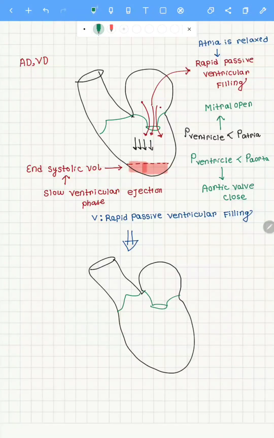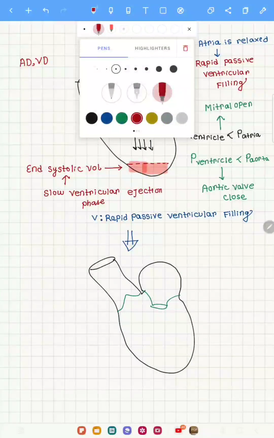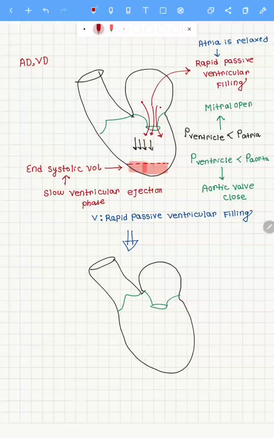Now, as I said, after the rapid passive ventricular filling, some amount of blood will be deposited in the ventricle over the end systolic volume. So this point will be end systolic volume, and some amount of blood will be there accumulated as a result of rapid passive ventricular filling. Let me denote this.